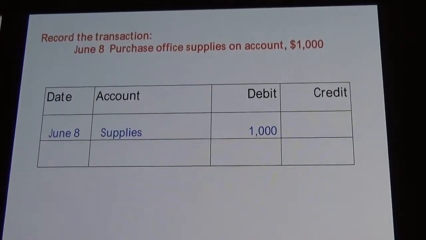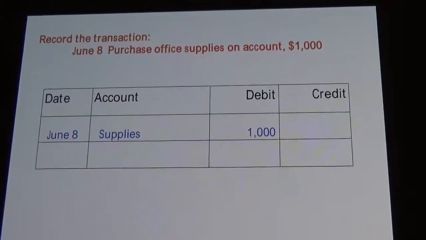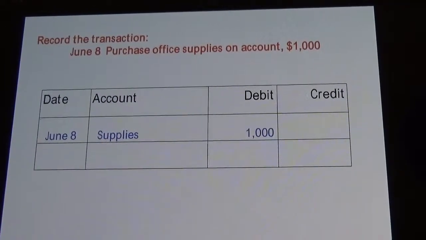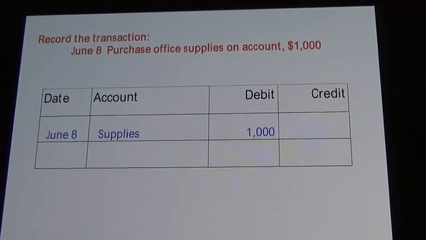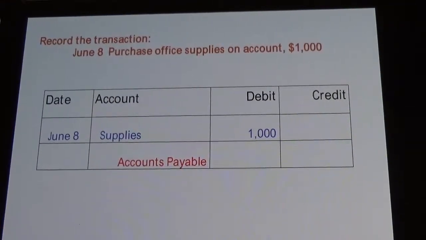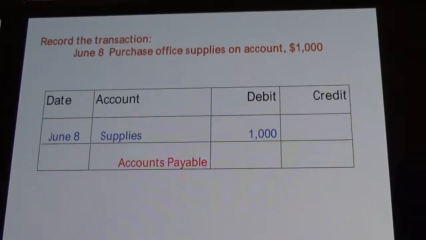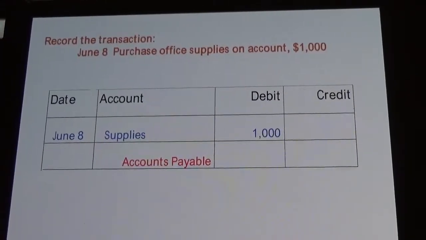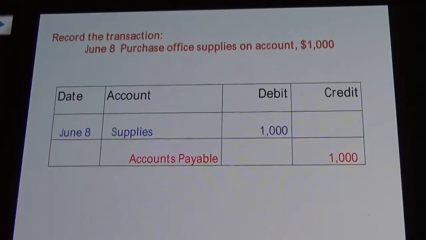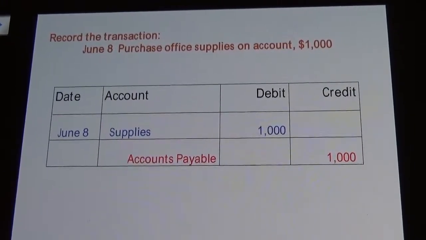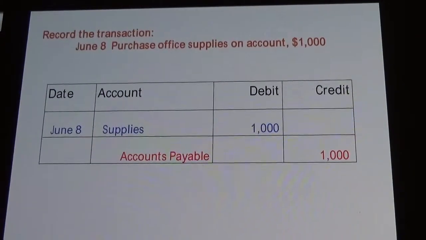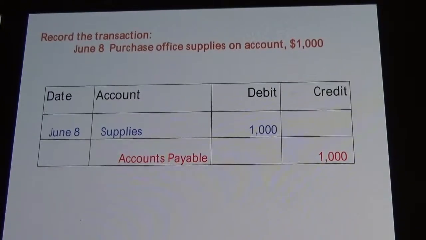Accounts payable is a liability account, which is a right side account. Therefore, we're going to increase the accounts payable with a credit entry. So we put in the accounts payable and we credit it for $1,000. That has the effect of increasing our asset called supplies and increasing our liability called accounts payable. And notice that our system stays in balance because the debits equal the credits.